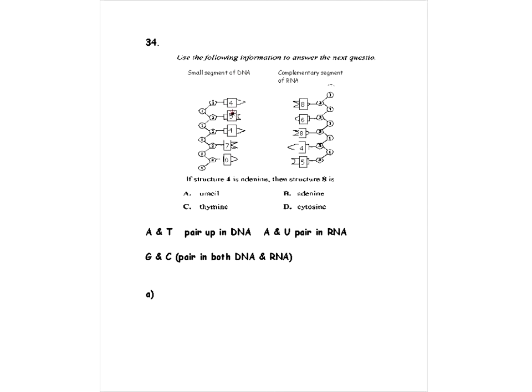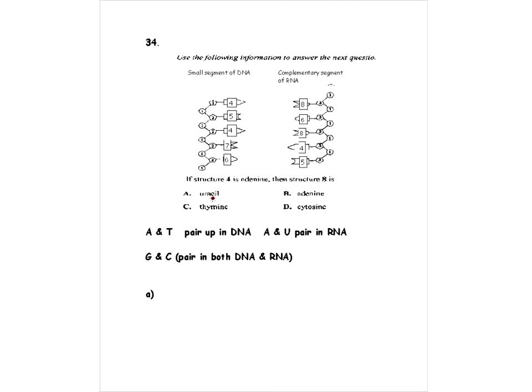So, if we're talking about DNA, structure 4 is adenine. Instead of A pairing with T, if this had been another DNA molecule, because we say that A pairs with U with RNA, this has got to be U, which is uracil. So the answer would be A, uracil.